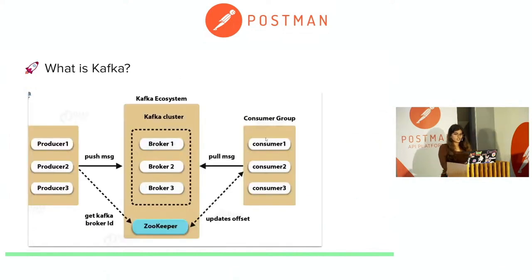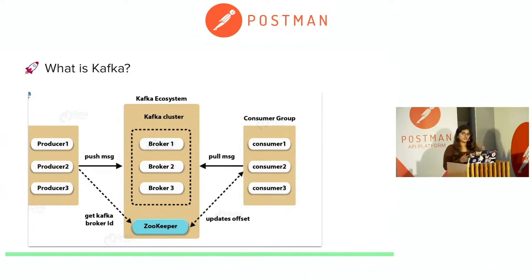So let's delve into the architecture of Kafka. A Kafka cluster is basically the server which acts as a container, and it has more than one broker, like one, two, three brokers.